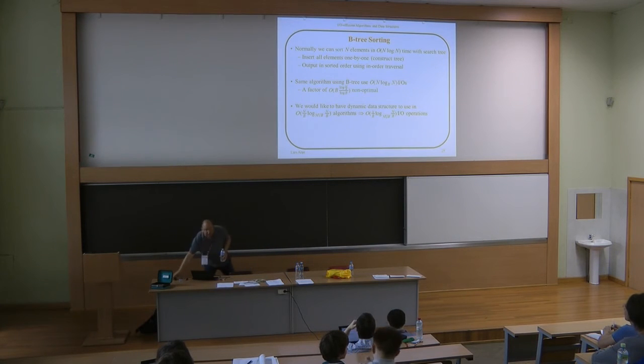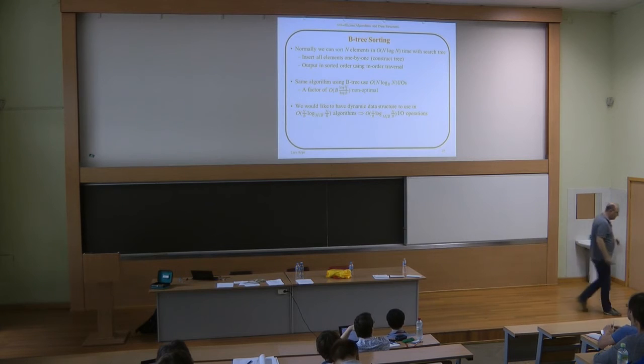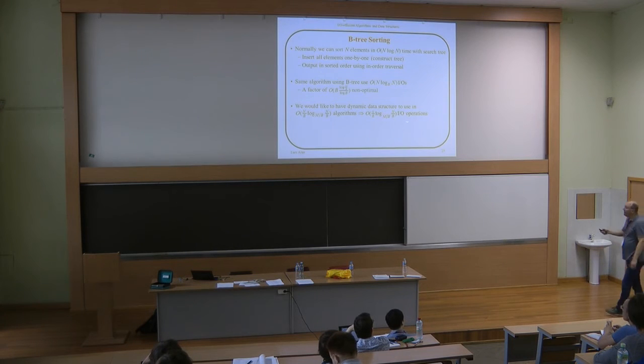But as I just argued, I cannot get an optimal sorting algorithm if I just stick n elements into a B tree and pull them out again. I actually get a sorting algorithm which is highly non-optimal. If I wanted to use a search tree for optimal sorting, I needed one that does updates in this bound.